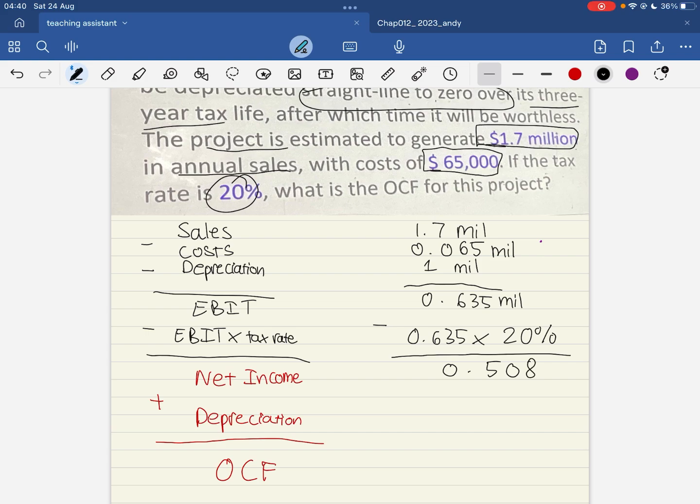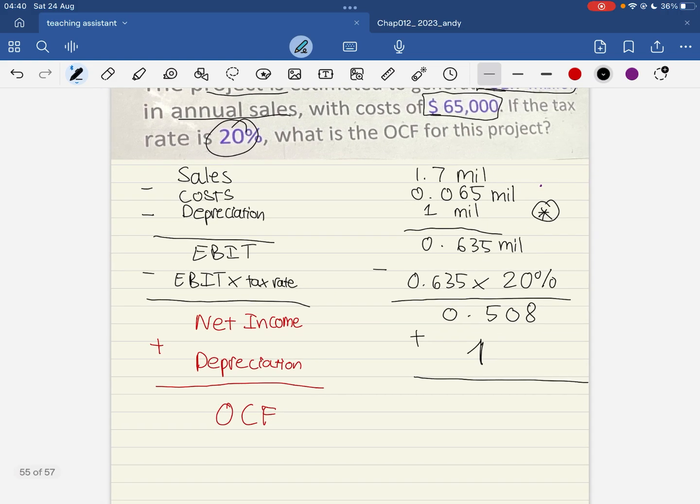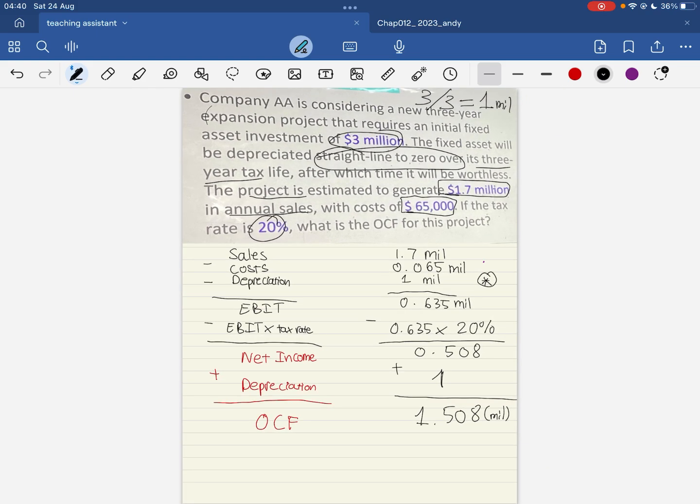And we plus the depreciation back to the net income, which is 1 million. We also just found it over here. So 0.508 plus 1 will be equal to 1.508 million. So in conclusion, the operating cash flow for the project is 1.508 million per year.